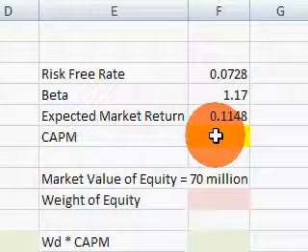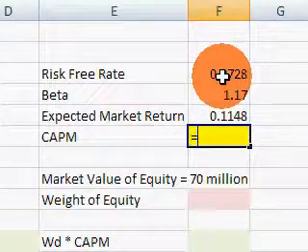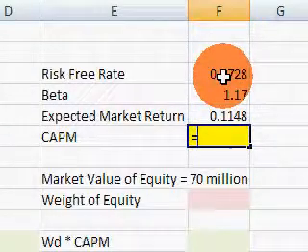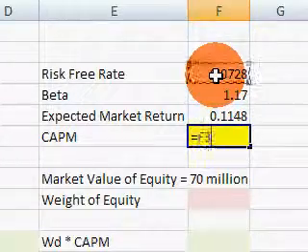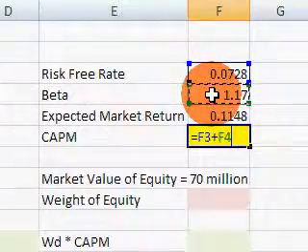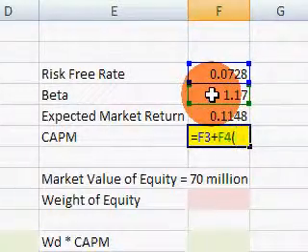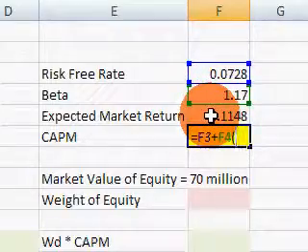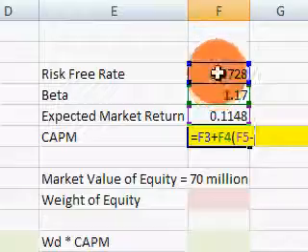The CAPM model says I need to take the risk-free rate, typically a treasury bill or treasury bond, probably a treasury bond here, 7.28%, plus the beta times the expected market return minus that risk-free rate.